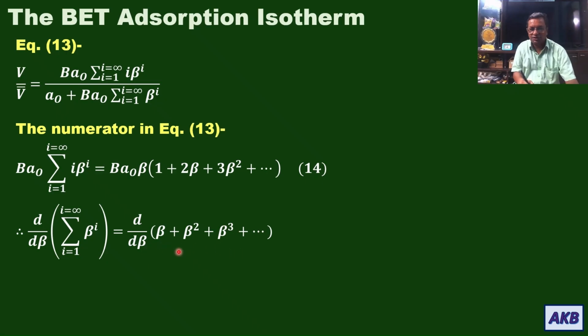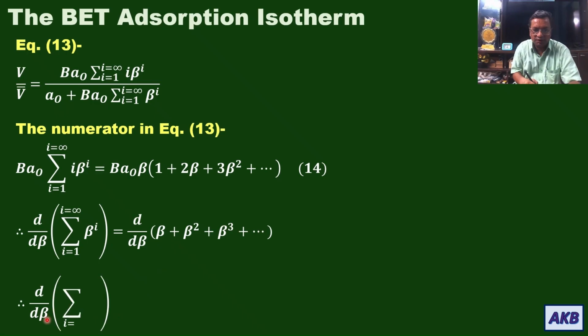So if you differentiate with respect to beta, what are you going to get? d by d beta of summation beta raised to i, where i goes from 1 to infinity, will be 1 plus 2 beta plus 3 beta square, and similar terms will continue further.